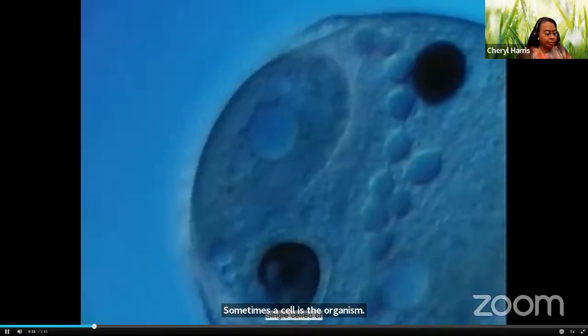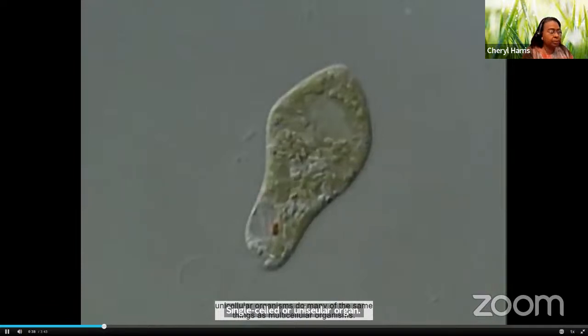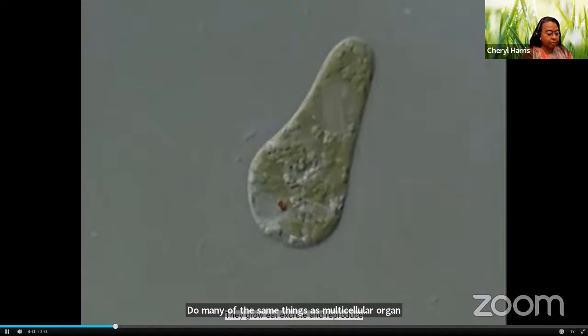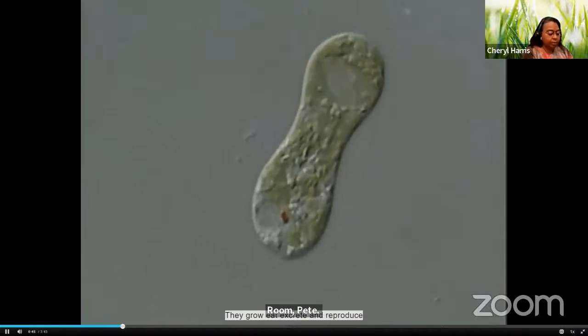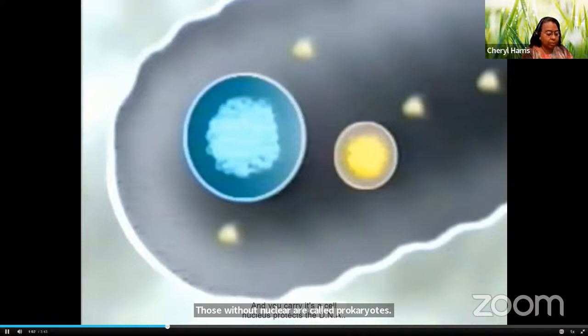Single-celled or unicellular organisms do many of the same things as multicellular organisms. They grow, eat, excrete, and reproduce. There are two basic types of cells. Those without nuclei are called prokaryotes. Their DNA floats freely through the cytoplasm. Eukaryotes, a cell nucleus protects the DNA.